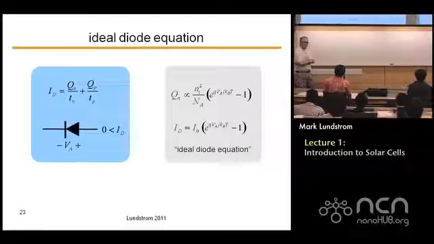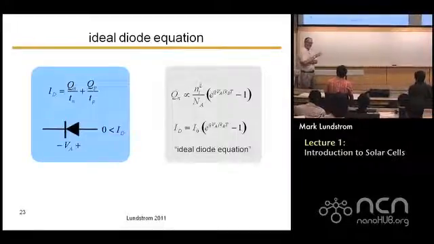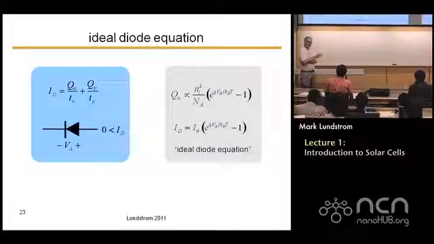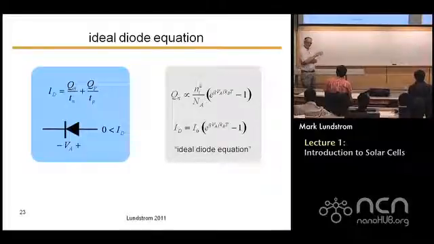What they mean by that is that all of the recombination processes are the kinds of recombination processes that I talked about. Carriers are recombining in the neutral N or P region. Carriers could also recombine in the depletion region, and that gives an N equals 2.